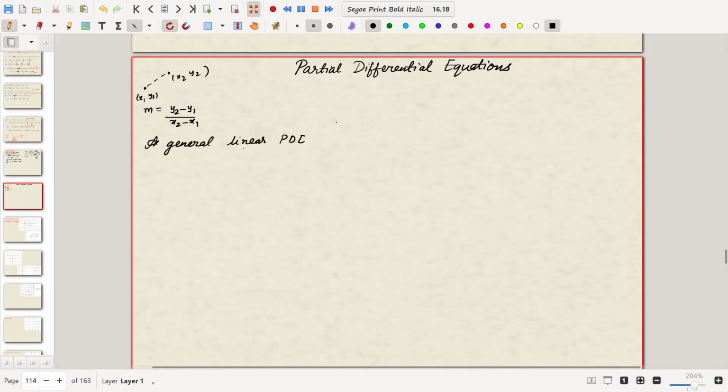So a general linear partial differential equation of second order and two independent variables usually takes this form. I'm writing in general.